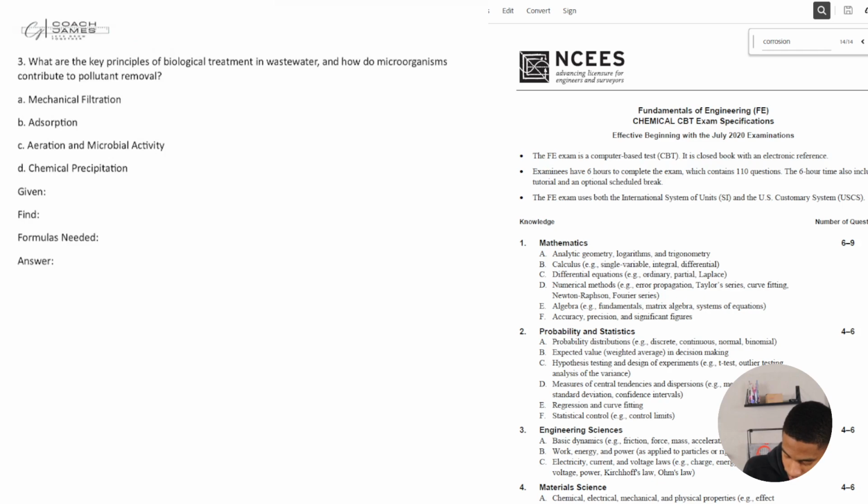Some things to unpack here. Given information: we have these microorganisms, and we want them to remove pollutants.